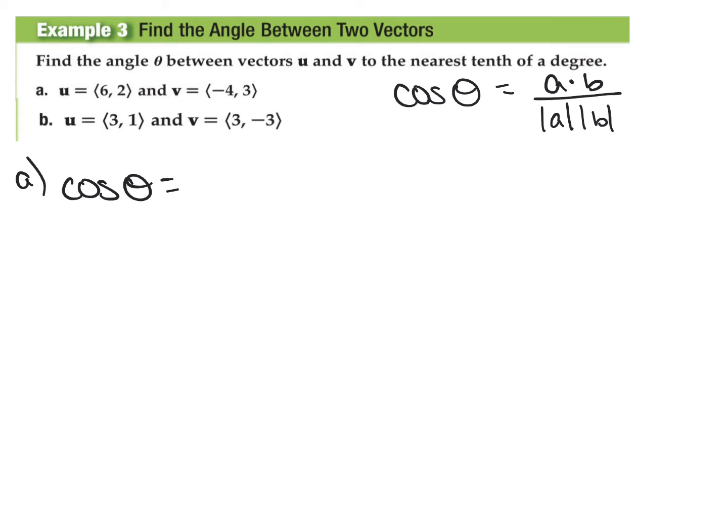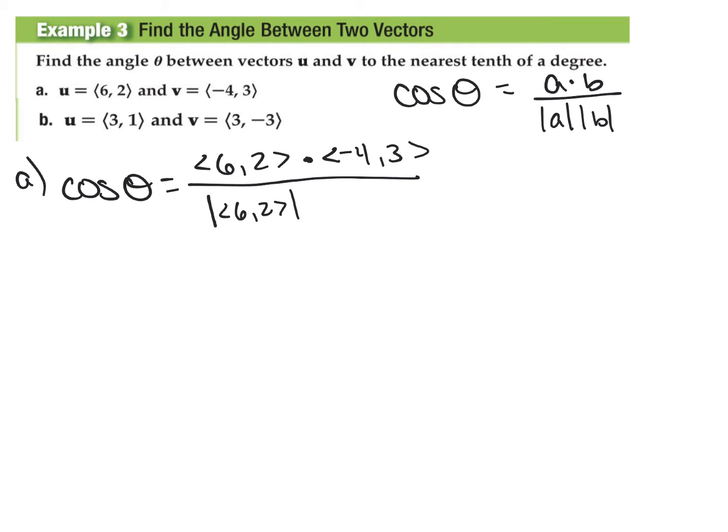That equals <6, 2> dot <-4, 3>. We'll come back to that in a second and do the dot product. We're just going to write this down. And then the magnitude of <6, 2> times the magnitude of <-4, 3>.